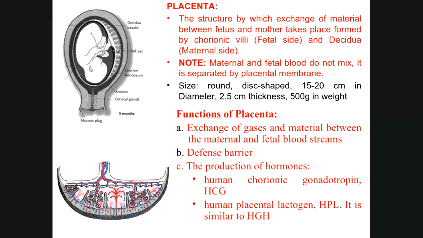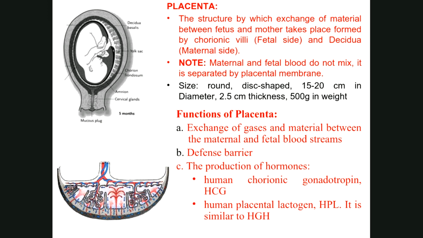Other functions of the placenta apart from exchange of gases: oxygen will come from the mother to the fetus, carbon dioxide will be released from the fetus to the mother and then circulated back in the mother's blood. The nutrients, glucose etc. come here. Waste products like urea etc. go back. So ultimately the placenta is the exchange site.